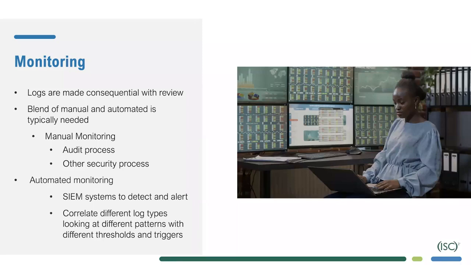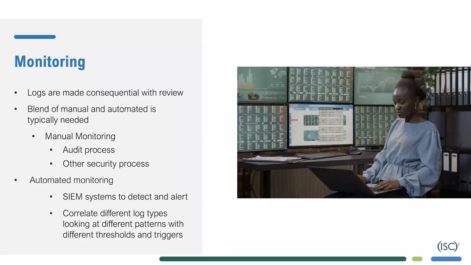So we have manual monitoring undertaken by human beings, typically a more skilled, insightful process, which can be used by audits, and can also be used by people within security and technology teams. Automated monitoring, though, we can use to supplement that capability, to increase that capability.